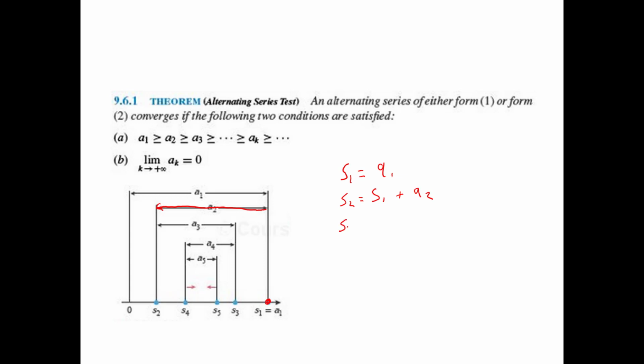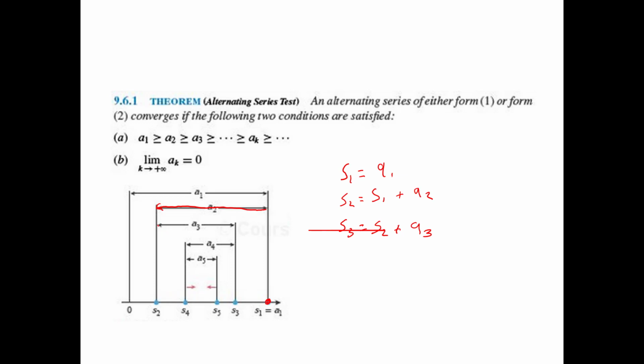Okay, now S3 is just S2, and you're adding the next term, A3. But again, when you went back A2, since A2 was smaller, that's why it's important to have a decreasing sequence, you didn't go as far back to the left as A1 had brought you to the right.